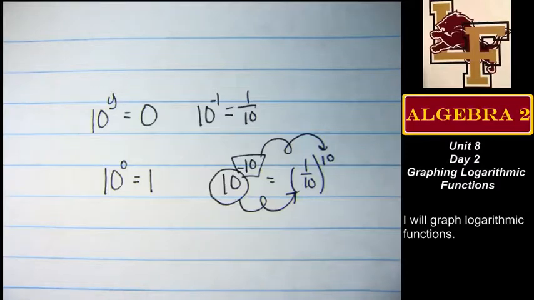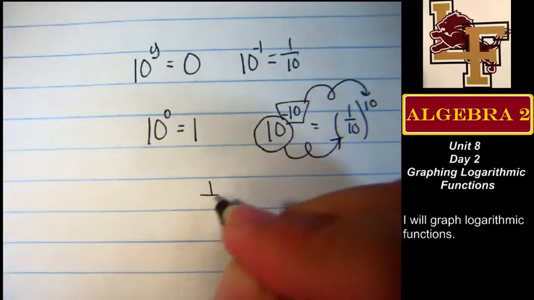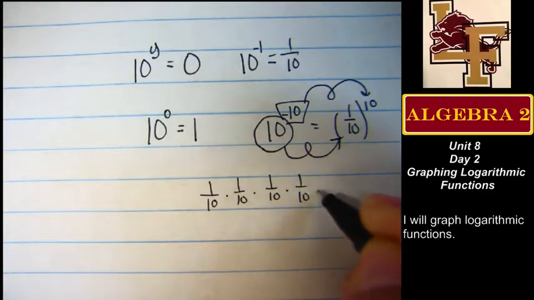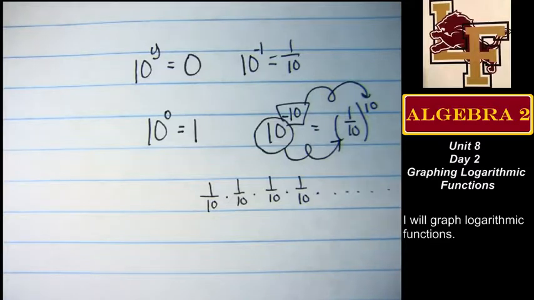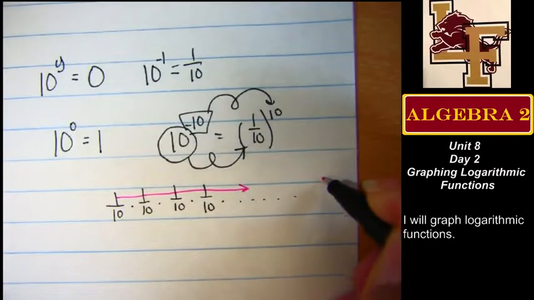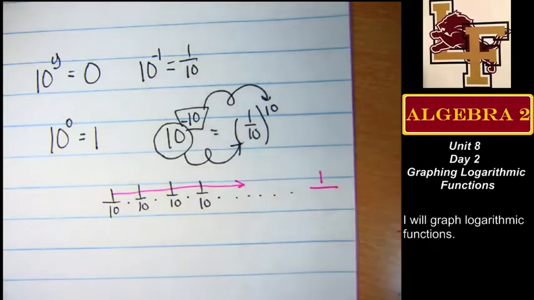So now I have 1/10 to the 10. That's the same as 1/10 times 1/10 times 1/10 times a whole bunch of times. If I were to multiply all the ones together, I would get 1, because 1 times 1 is 1 times 1 is 1.